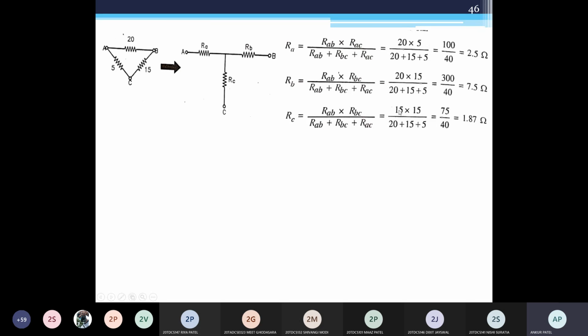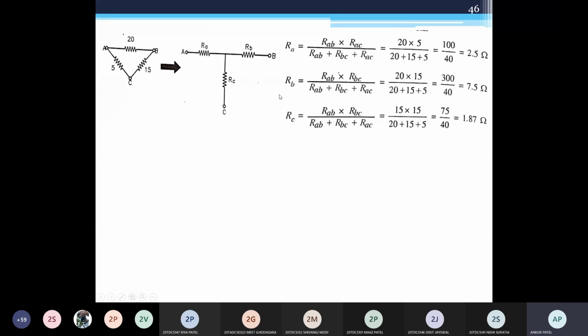Here one mistake is given, 15 into 15. That should be 5 into 15. Have you found the mistake? The answer is right, but here the product is 5 into 15.